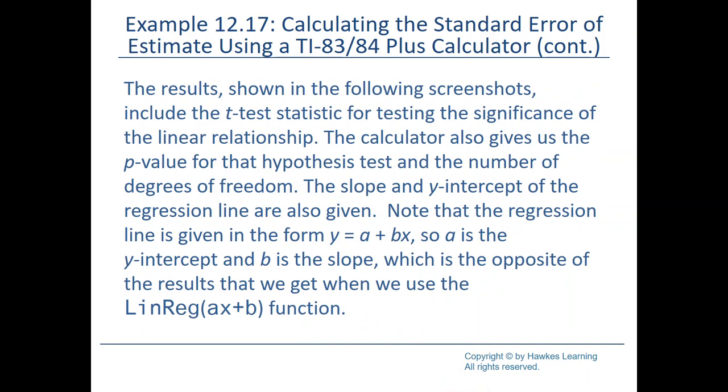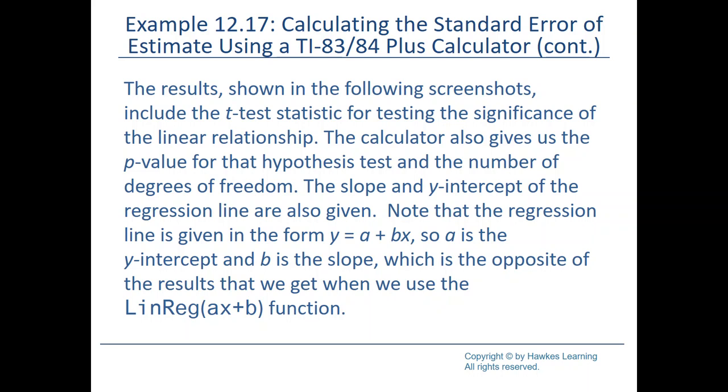Okay, now the results in the following screenshots are going to show what is included. Now you're going to see a test statistic. You're going to see the linear relationship between everything. You're going to be given y equals ax plus b. Sorry, this one gives y equals a plus bx.